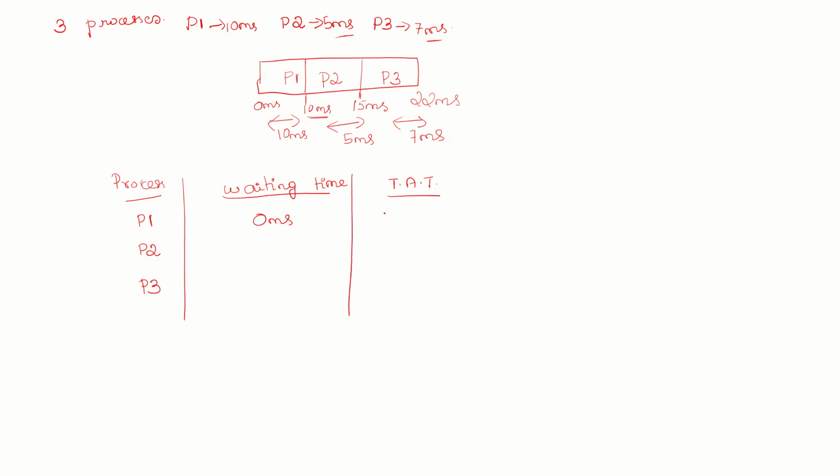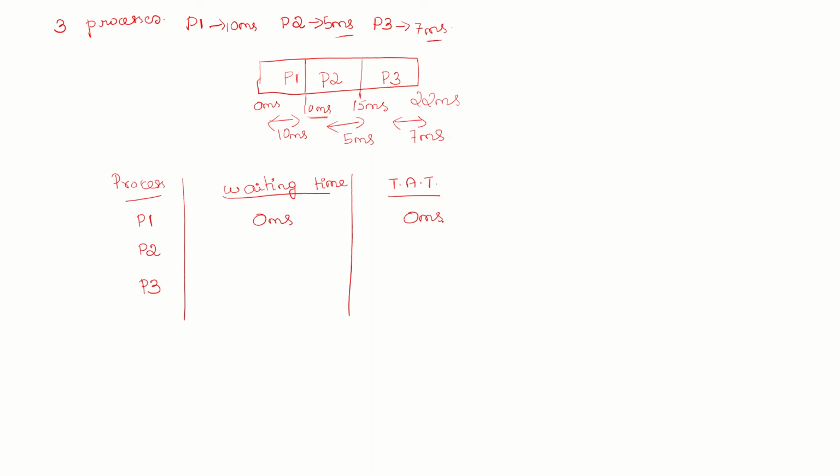Now, turnaround time, you know what is that formula? It is time spent in ready queue plus the execution time. What is the time that is spent by P1 in the ready queue? Actually, we know as soon as P1 arrives, we are allowing it for the execution. So we can say that 0 milliseconds is spent by P1 in the ready queue. We are not allowing P1 to wait there.